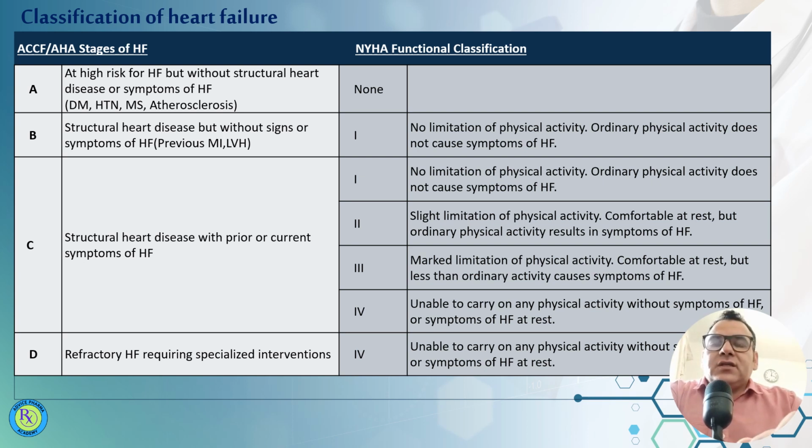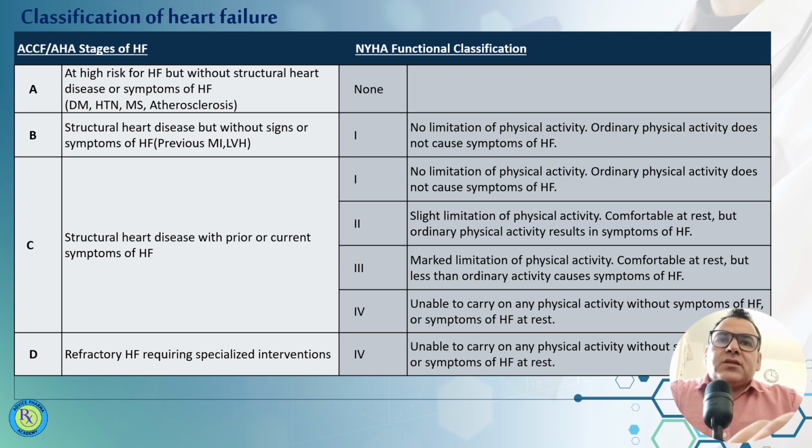Stage C is very commonly classified into the four main classes. Class 1 has no limitation of physical activity, and ordinary physical activity does not cause symptoms. Class 2 has a slight limitation: the patient is comfortable at rest, but ordinary activity can cause symptoms.